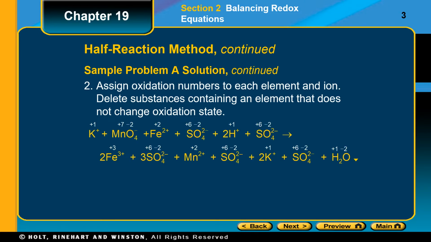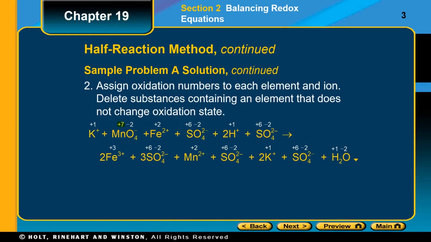So potassium ion is a +1, and then taking permanganate, we know that each oxygen is a -2. There's 4 of them, so that's a -8, and it has to add up to a -1. So that makes manganese a +7.